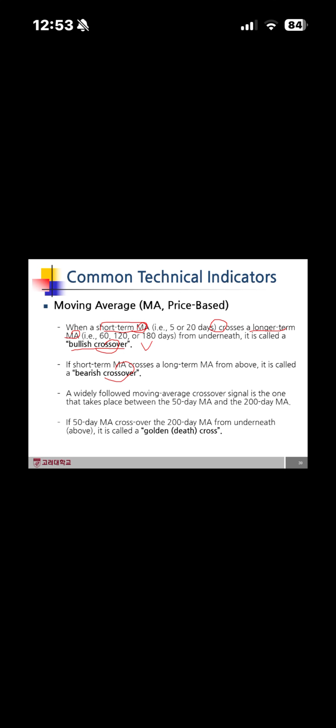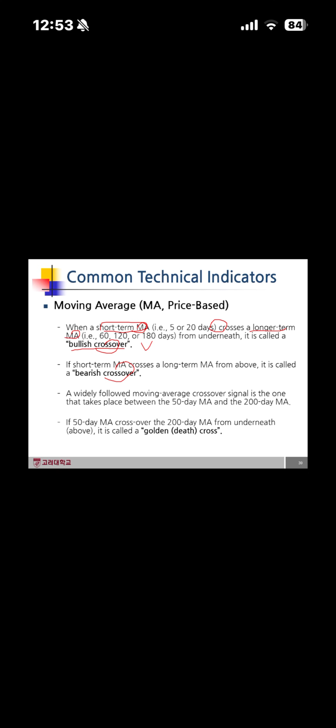This means that short-term prices are rising faster than long-term prices, which may indicate strengthening upward momentum. There is a strong momentum.